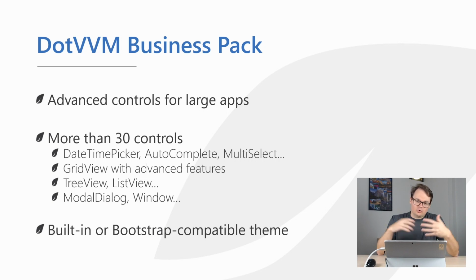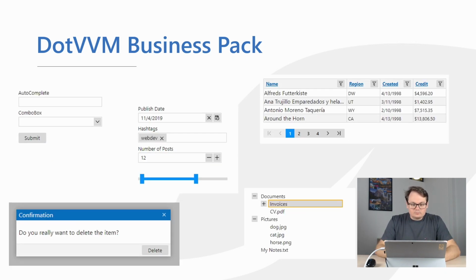They are not related to the Bootstrap for .vvm, it's a different set of controls, but you can use these two packs together. And also this is just a bunch of CSS styles that will make the controls look in a Bootstrap look and feel. The business pack controls look like that. There are just some basic screenshots. You can see more in the documentation.